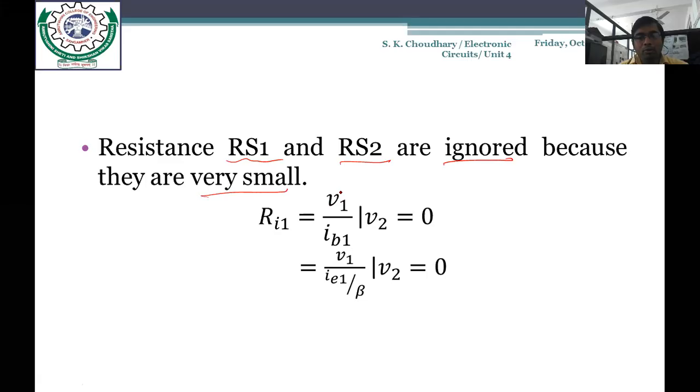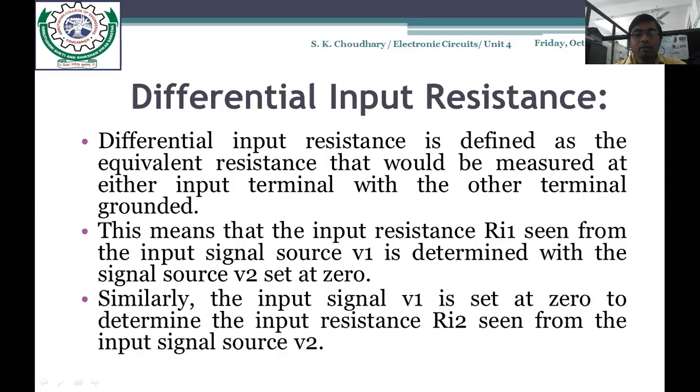If we ignore these two resistances, then RI1 is V1 upon IB1, keeping V2 equal to 0. So you can also write RI1 equal to V1 upon, replacing IB1 with the term IE1, the emitter current, upon the current gain factor beta. This is the equation representing the input resistance.